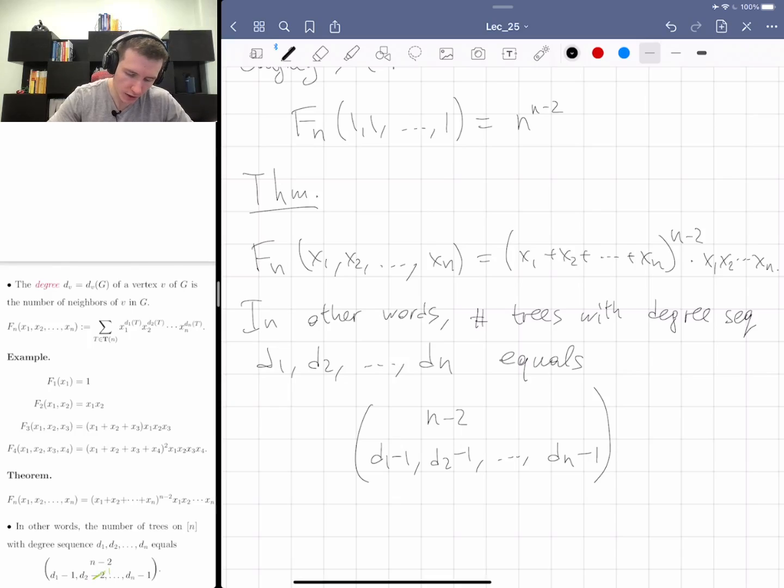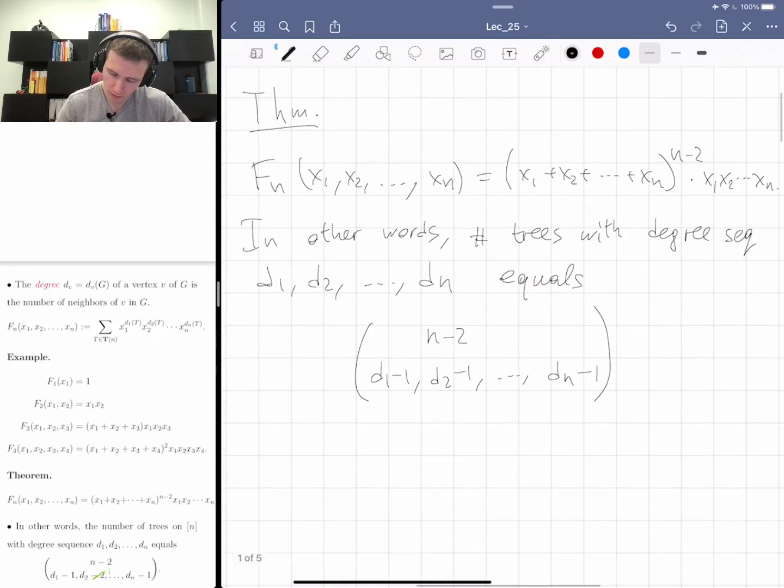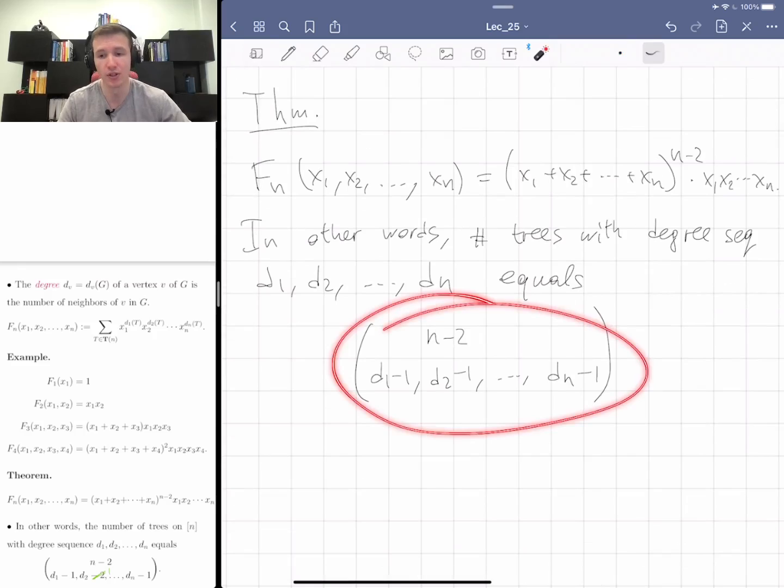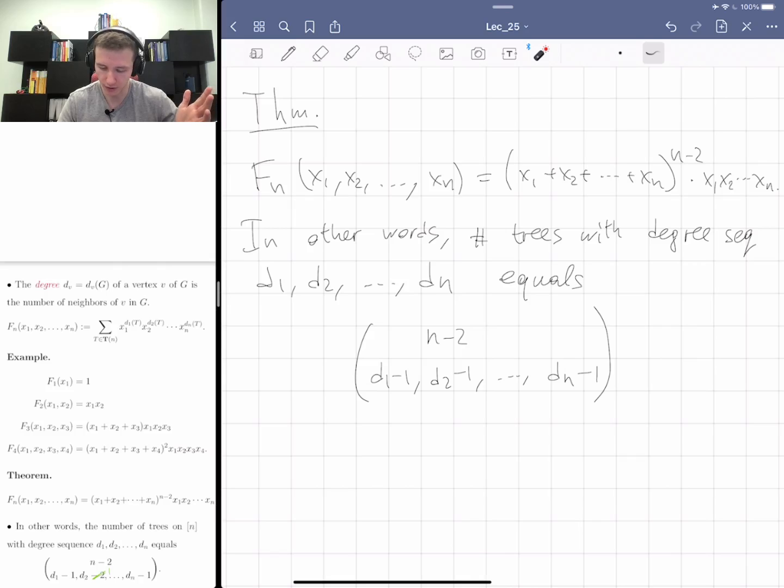Let me remind you that these multinomial coefficients are non-zero if and only if the sum of these numbers is equal to this number here, which is kind of surprising because these are degrees, right?